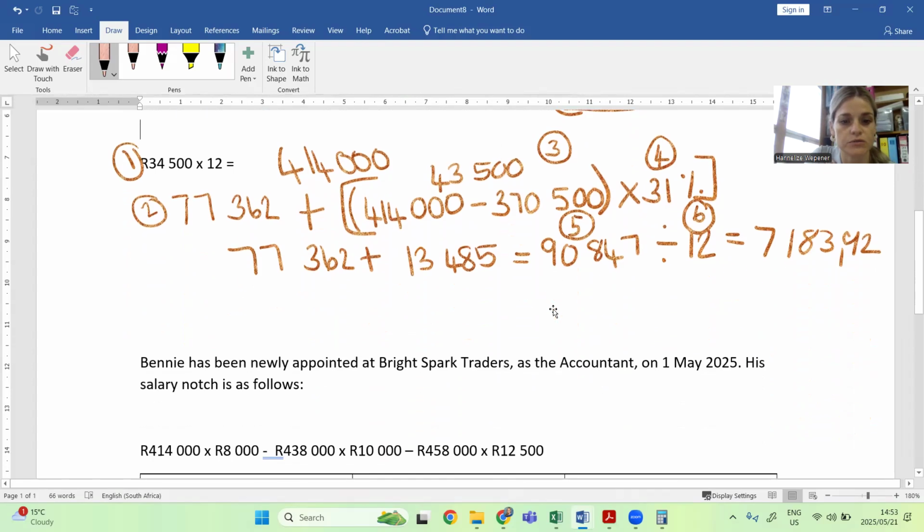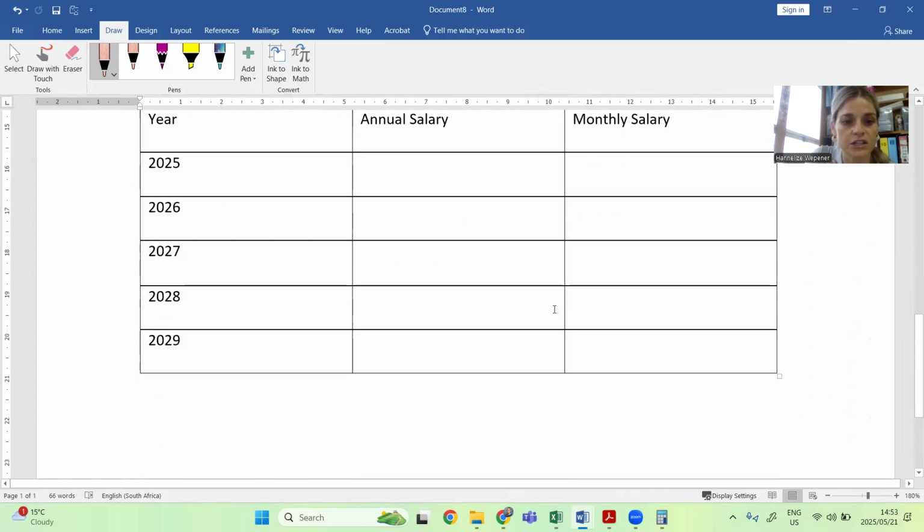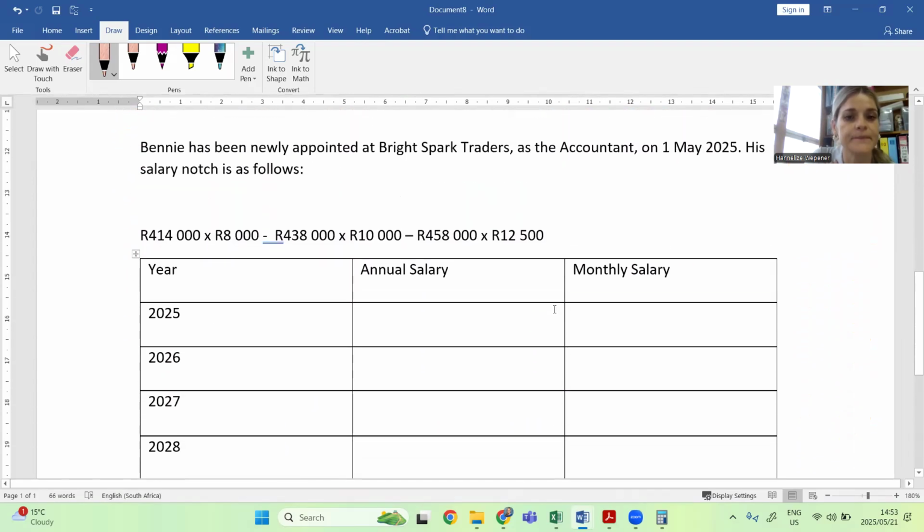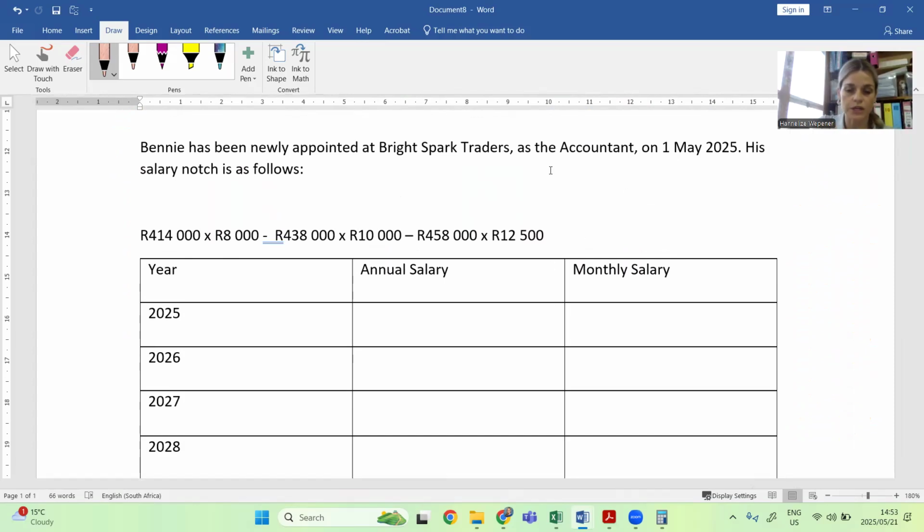Then I'm also going to do a salary notch real quick. So Benny started working at Bright Spark Traders as their accountant on the 1st of May, 2025. His salary notch is as follows. He's going to earn 414,000 Rand for the year, the first year.